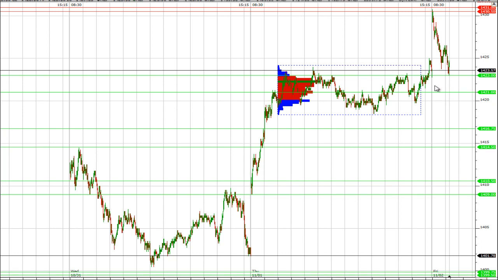Now, we're going to get into those when we get into the execution part of things, where we'll look at specific setups at zones and all that. Maybe we'll revisit this exact example to see that. But for now, suffice it to say that if you saw a setup here, some sort of divergence setup or something, you could definitely take a long here for a potential retest of this high or something like that, or just a quick bounce off of it.